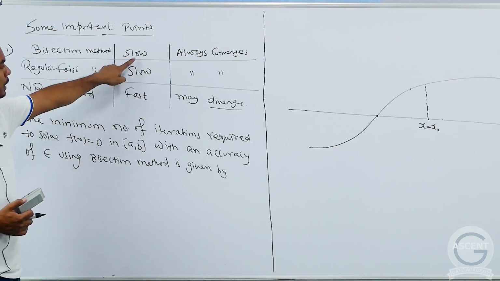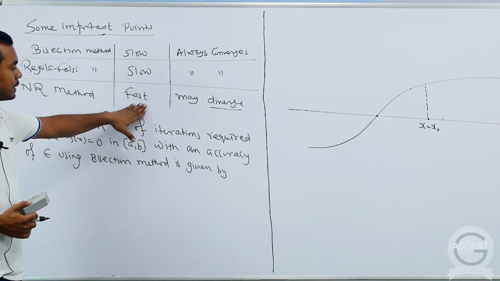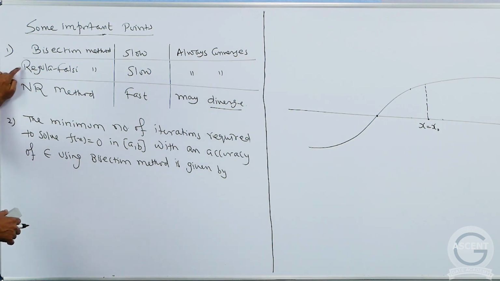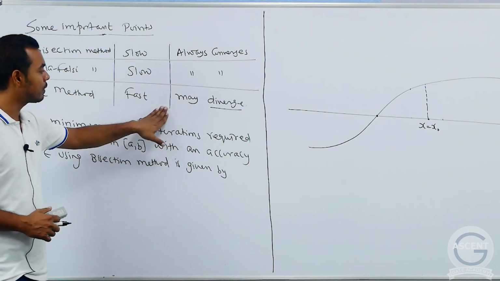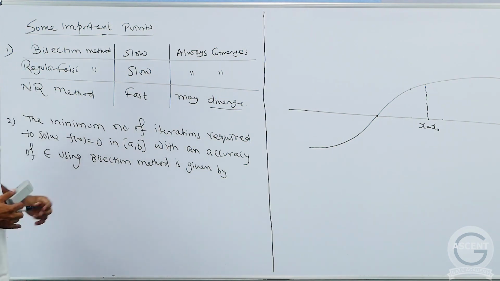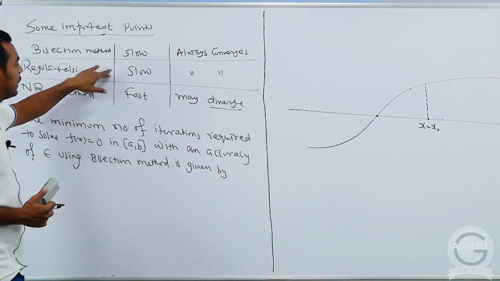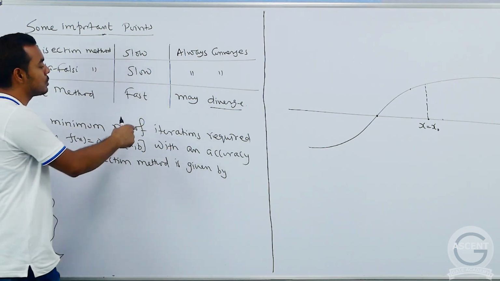So bisection method is slow, regular falsi method is also slow and Newton-Raphson method is fast. The meaning of this is that in these 2 methods, bisection method and regular falsi method, you have to perform more iterations to get the actual root. Okay, there is one term called degree of convergence or order of convergence, which is used to define whether a method is fast or slow.